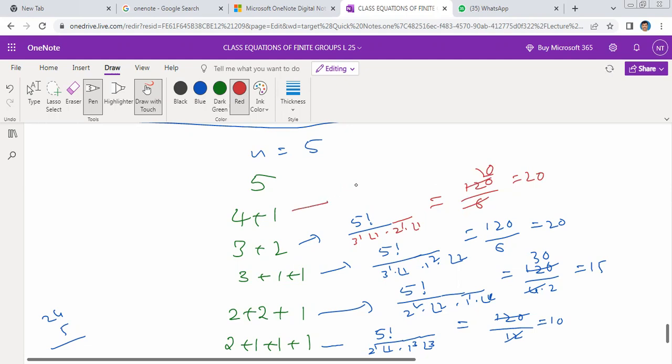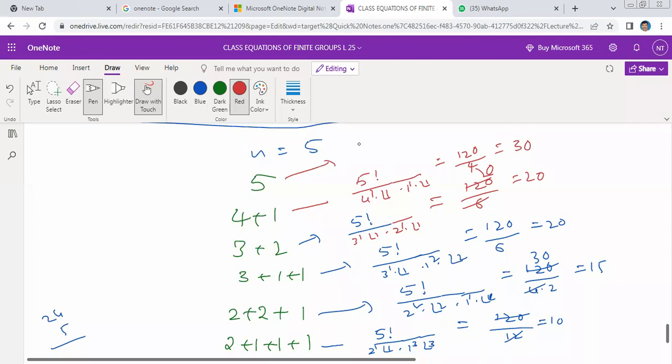Next, 4 plus 1: 5 factorial, 120 by 4 power 1 into 1 factorial, 1 power 1 into 1 factorial. That is 120 by 4, which is 30.